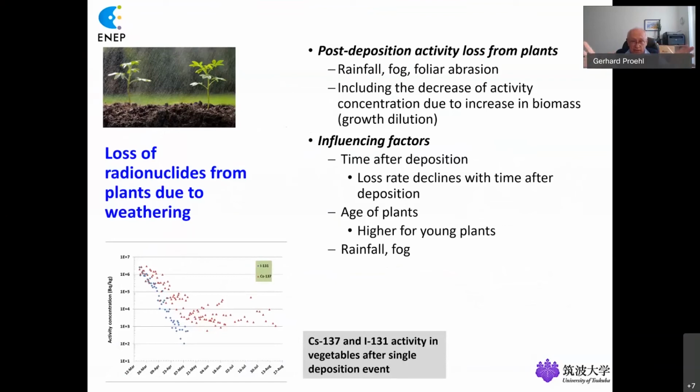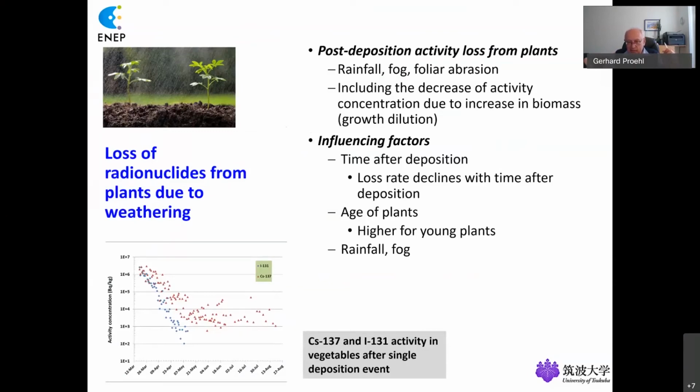Following the deposition of radionuclides to plants, we have also a loss of radioactivity due to weathering. And this depends on the rainfall, on fog, on foliar abrasion. And usually these parameters also include the decrease of activity due to the increase of biomass.